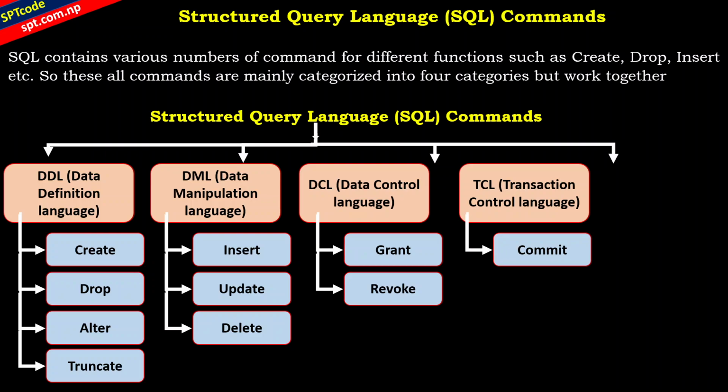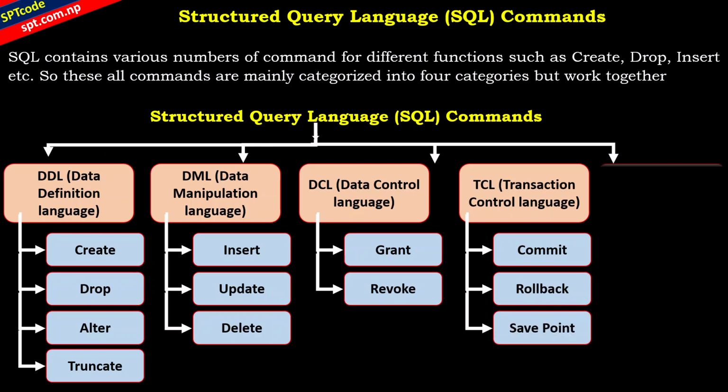Revoke means that if you have given users permission to use your data, you can remove it. TCL is to commit, meaning after a modification, whether you want to save that change or not, with rollback and save points.